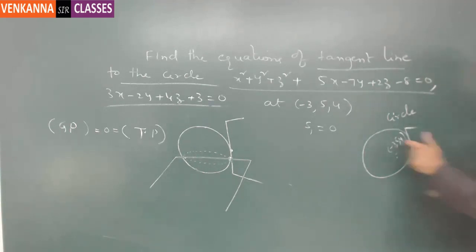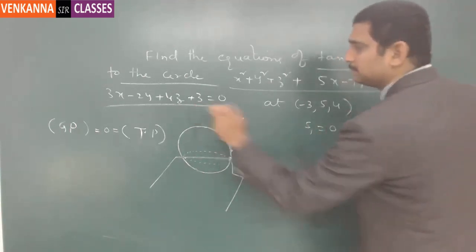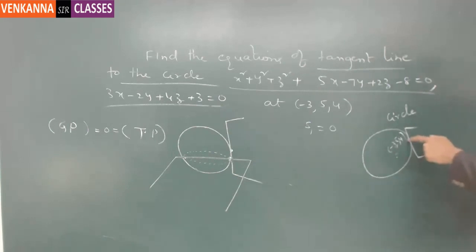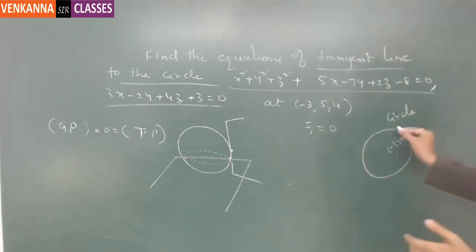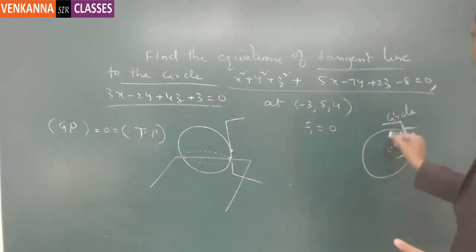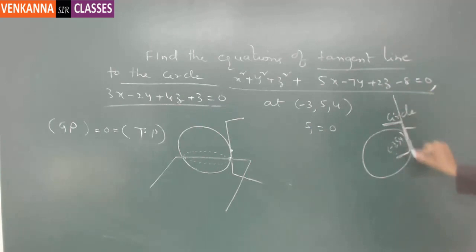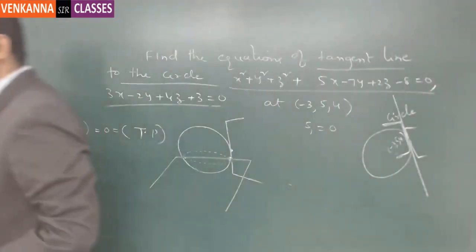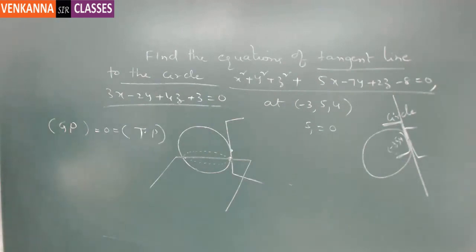This plane is given already in the problem. Now at the same point, using the sphere equation, you are calculating another plane. So the intersection of two planes is nothing but a line. That is the tangent plane, I mean the tangent line.